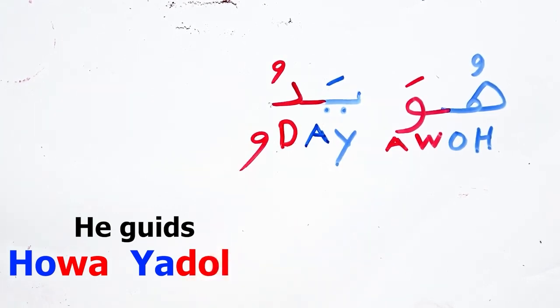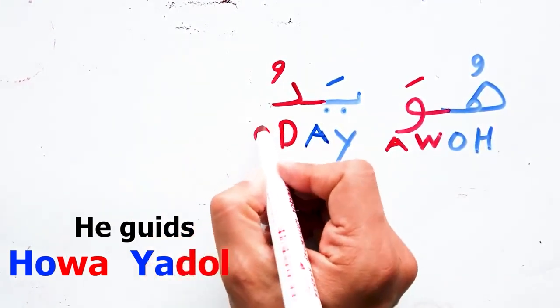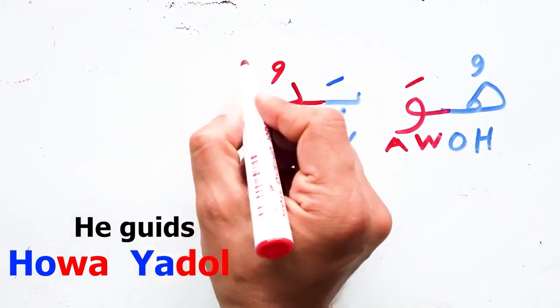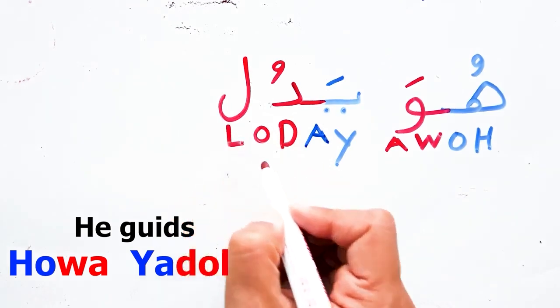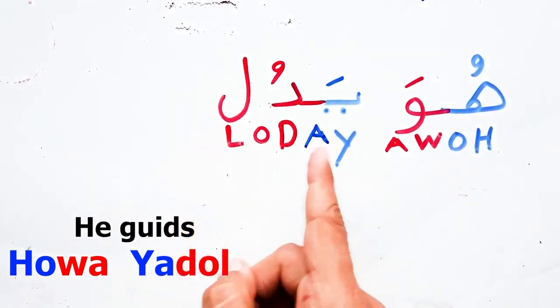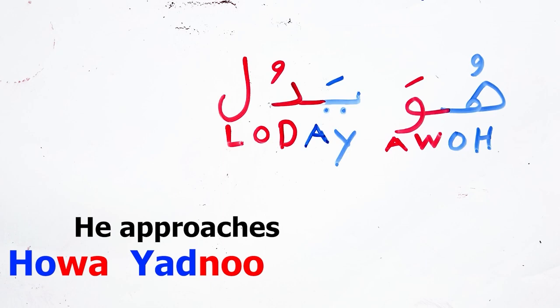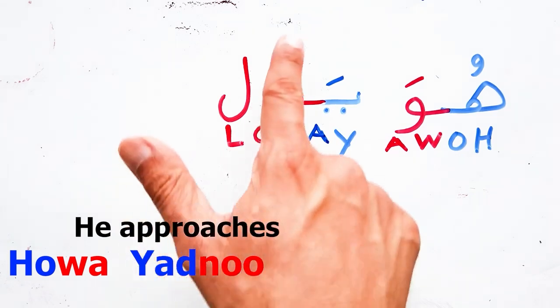Sorry, this one was my mistake. Do يدل, the sound of L in the end. دل يدل هو يدل. هو يدنو.